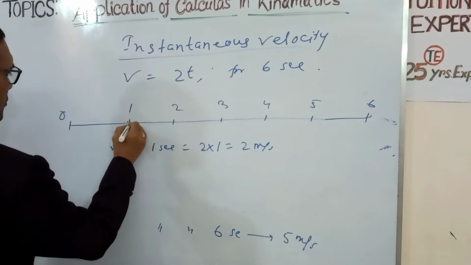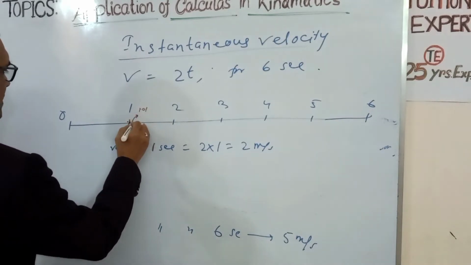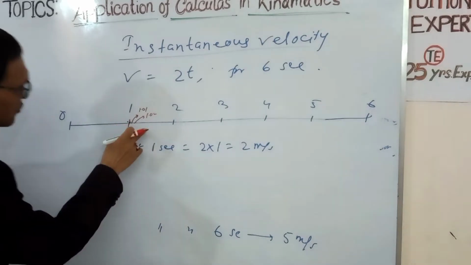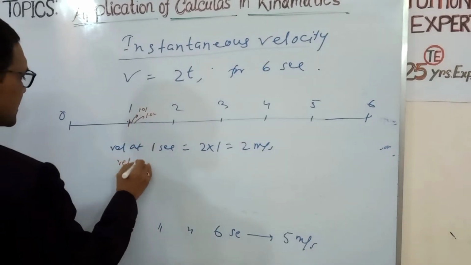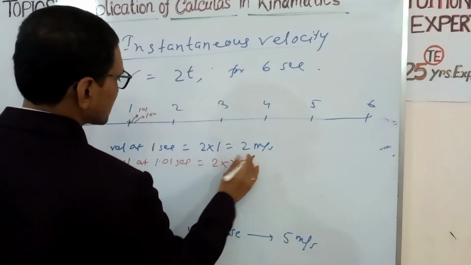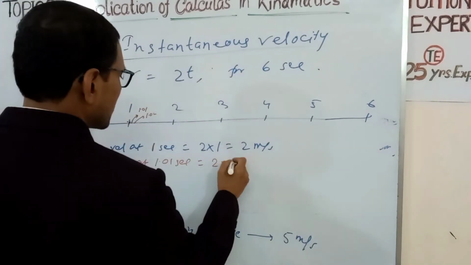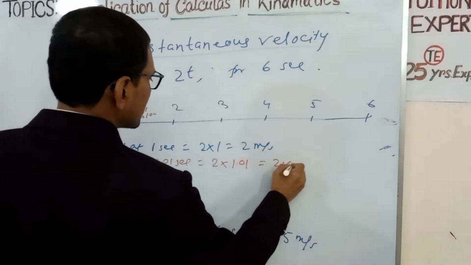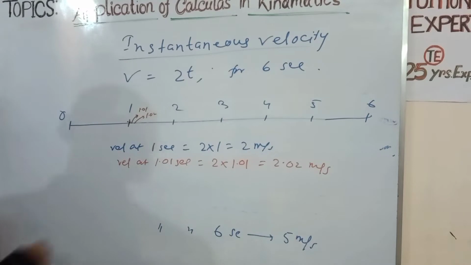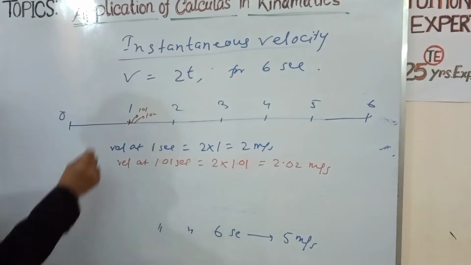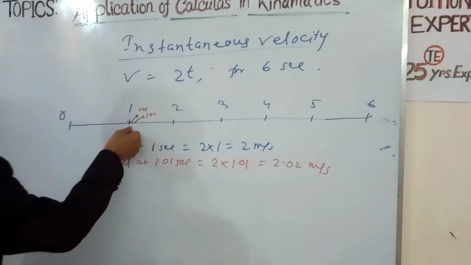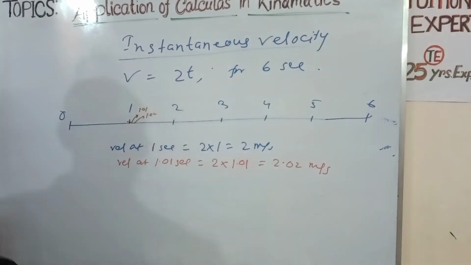Now suppose this is 1.01 second, this is 1.02 second. So velocity at every moment will be different, because if we consider velocity at 1.01 second, then it becomes 2 into 1.01, that is 2.02 meter per second. So different. So we can divide the time span as small as possible, we can consider the time span to be very small.